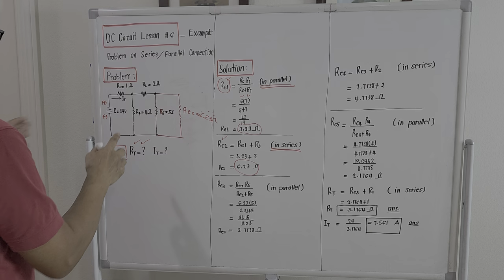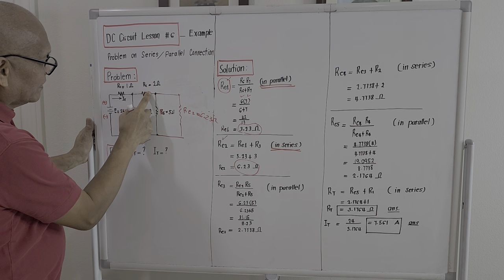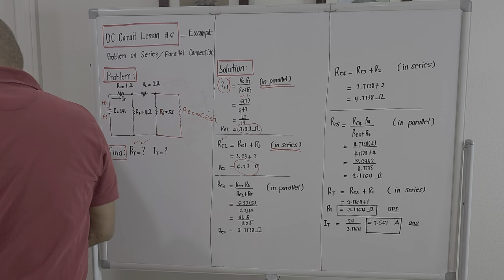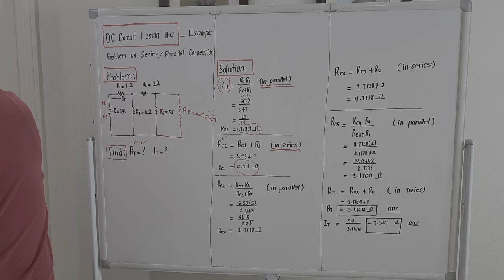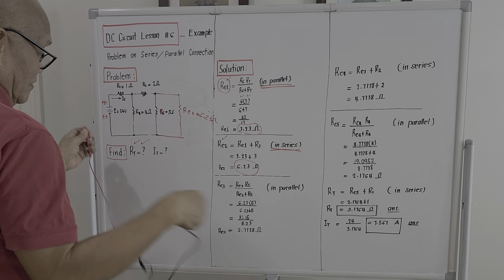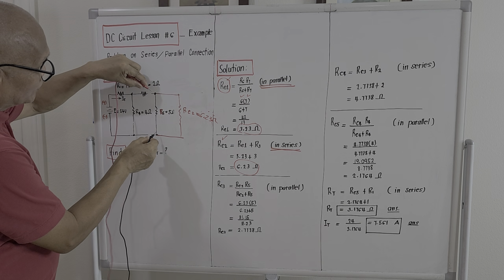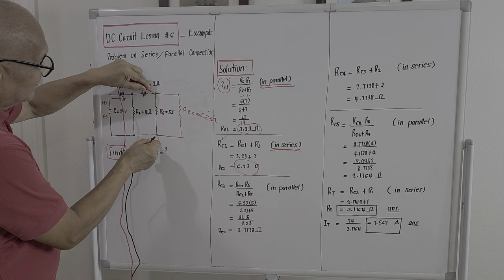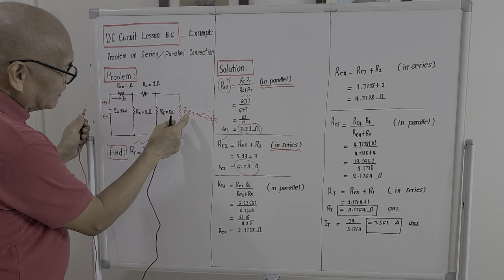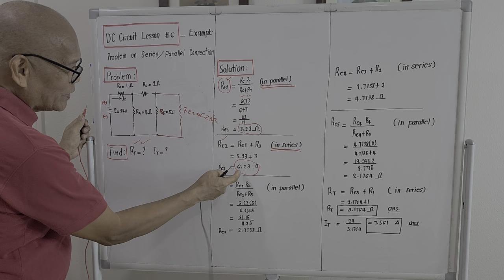And again, we disconnect it here. Okay? Then we'll get our multitester. Again, we measure the resistance across this. Obviously, this R sub 5 is in parallel with RE sub 2, the one we computed.